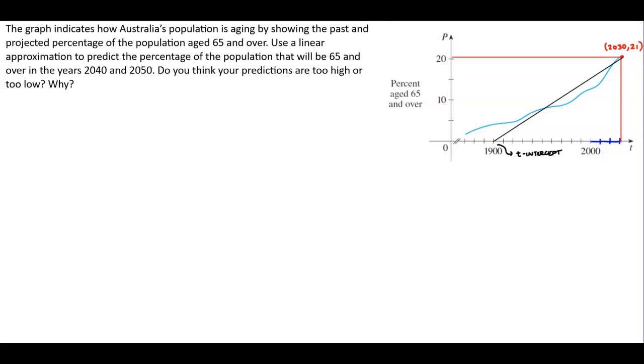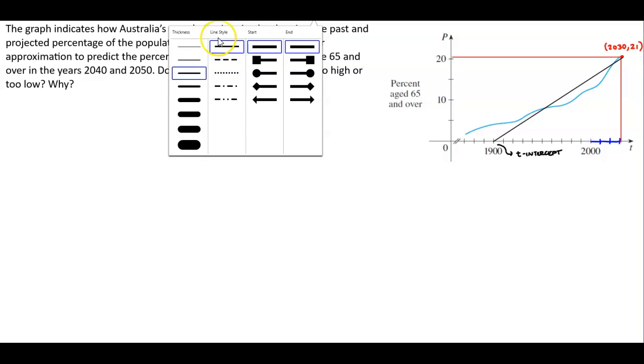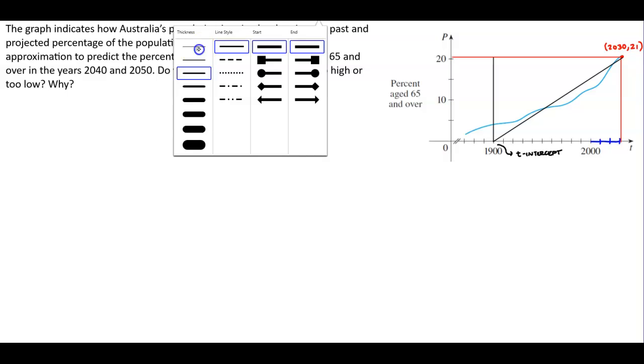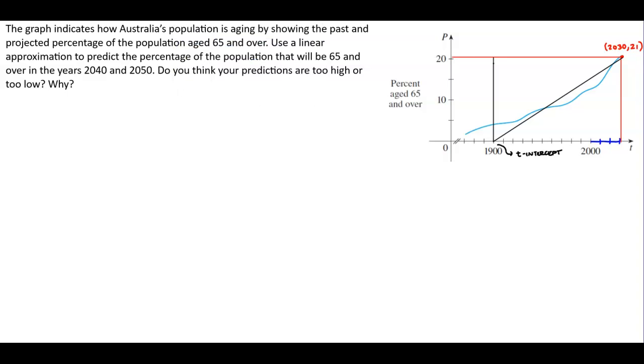Now we're going to draw a perpendicular. The perpendicular goes from here, starting at 1900, to this point up here. We know the distance from here to here is 21.